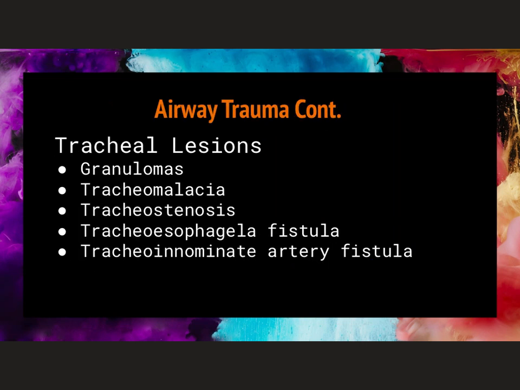Okay, tracheal lesions. This is going to be what is caused by a trach itself. So granulomas are little growths. The two big ones here that you definitely need to know about are tracheal malacia and tracheal stenosis. Those are the two biggest and the most common. Tracheal malacia is softening of rings.